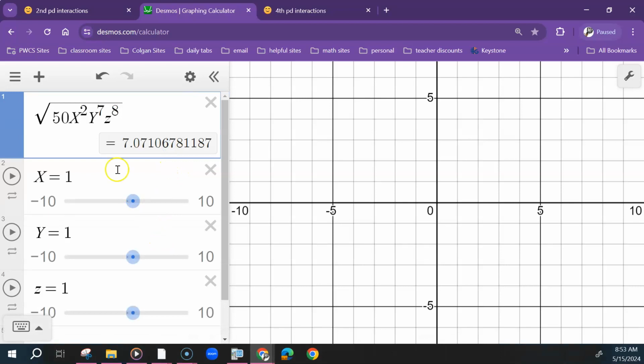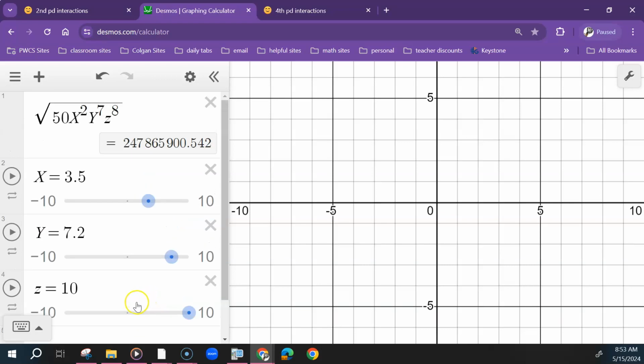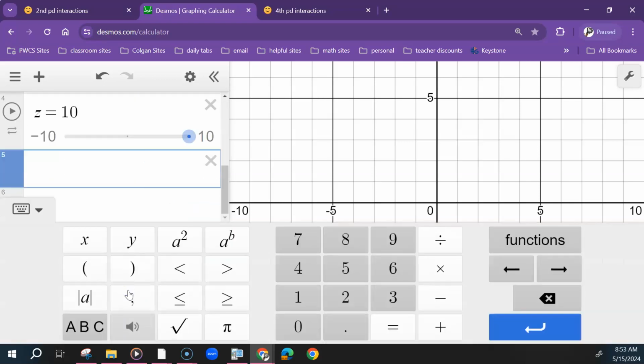Because it's a square root, the X squared and the Z to the 8th, you could make the numbers negative and it wouldn't change anything, but just to make your lives easier, so that you don't make this a negative and say you can't do it, just make them all positive. Doesn't matter what you change those numbers to. And then start typing in your answer choices.